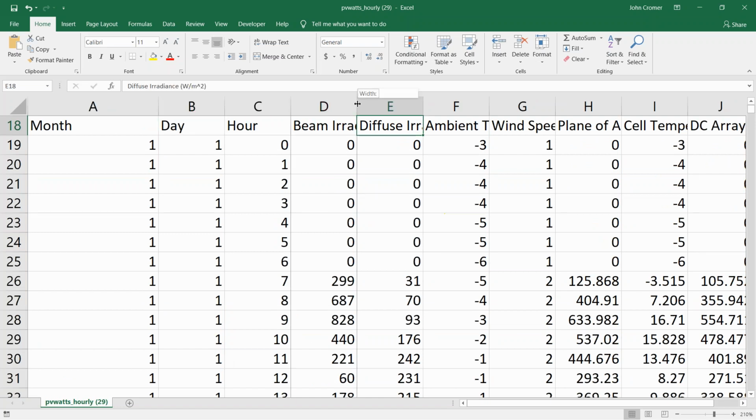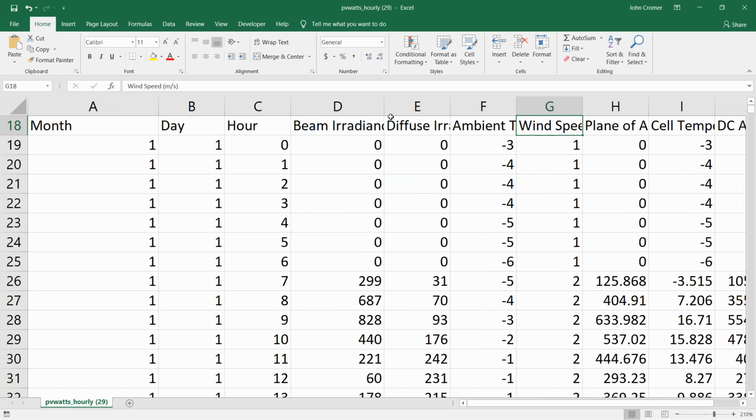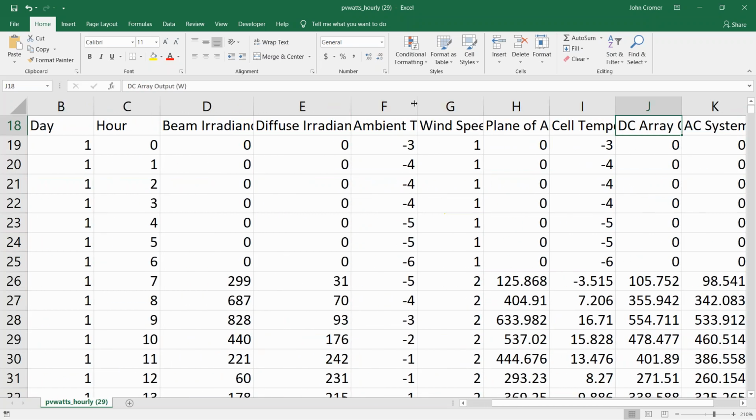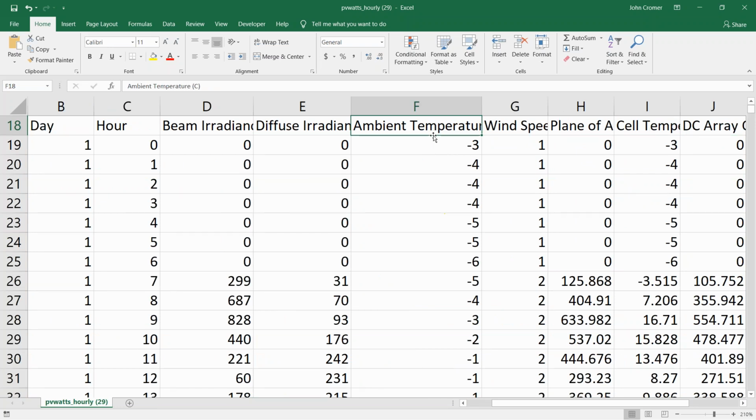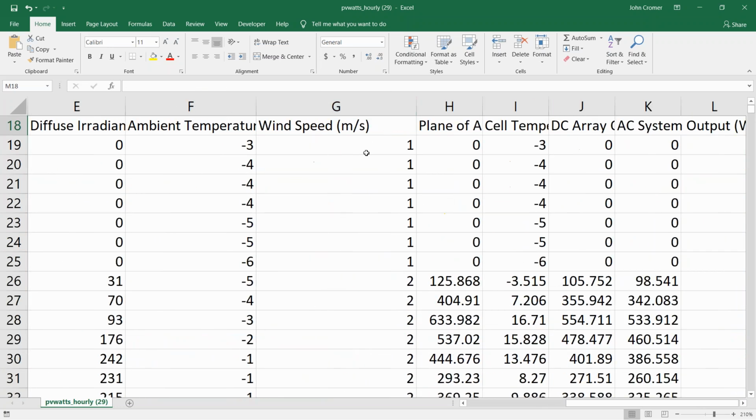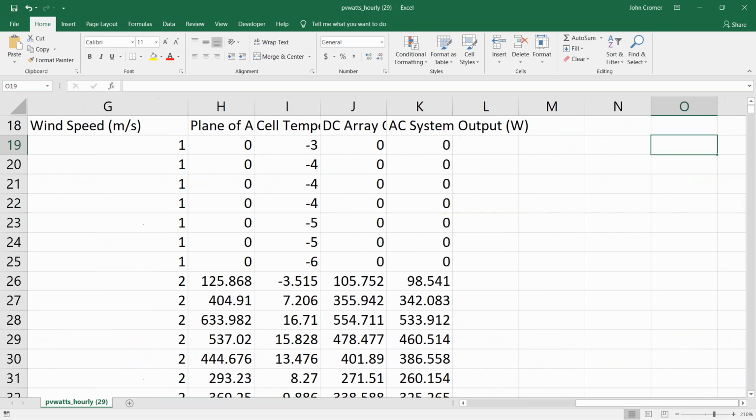We have the beam irradiance. We have diffuse irradiance. We have the temperature of the solar array, which sometimes is kind of interesting to figure out. Sometimes it can be very useful to know how hot the panels get up on the rooftop or how cold the panels get.